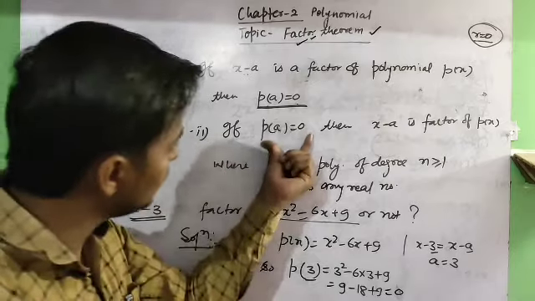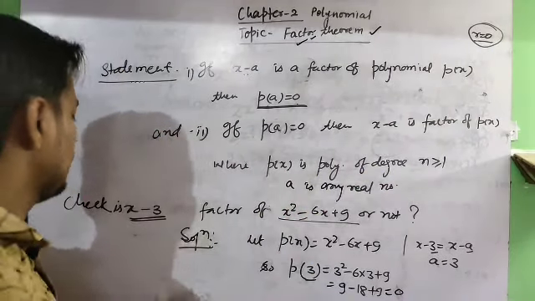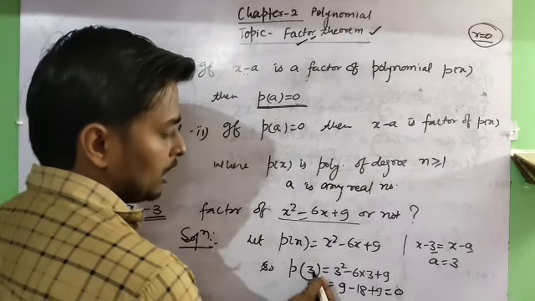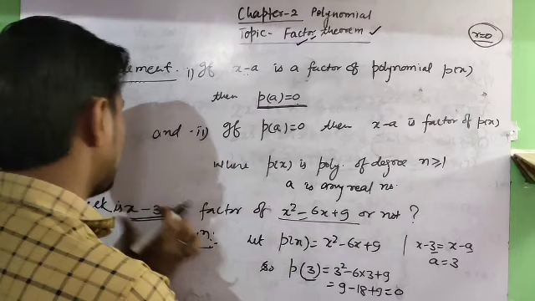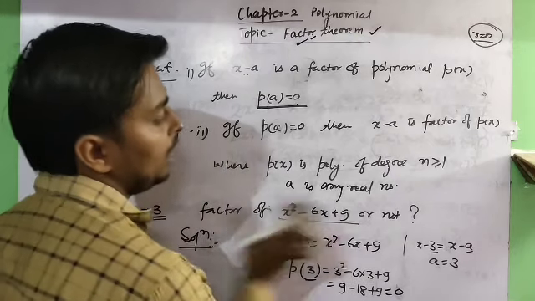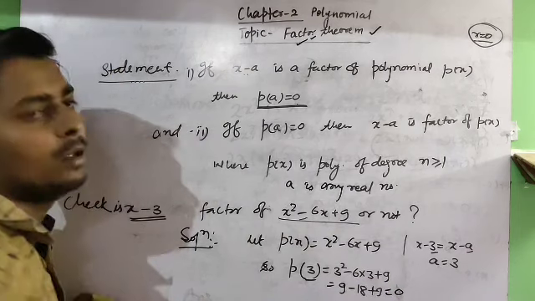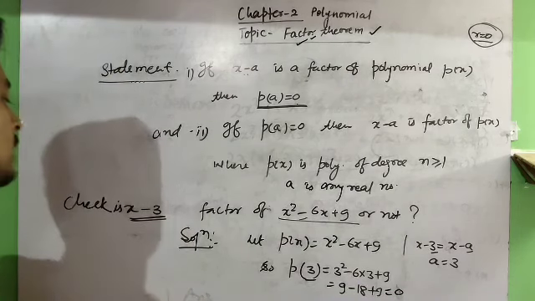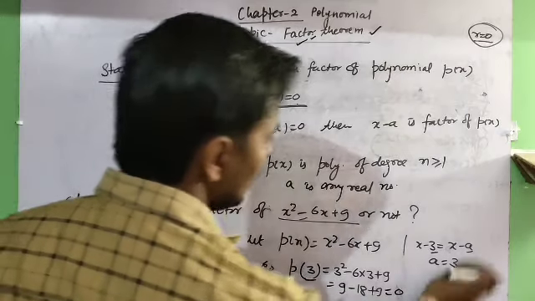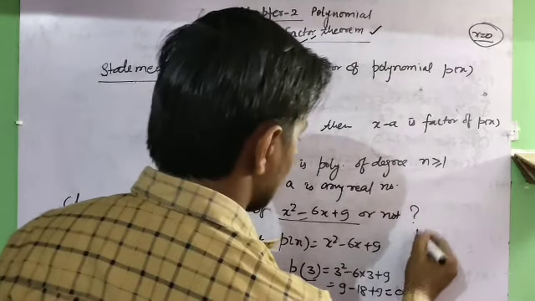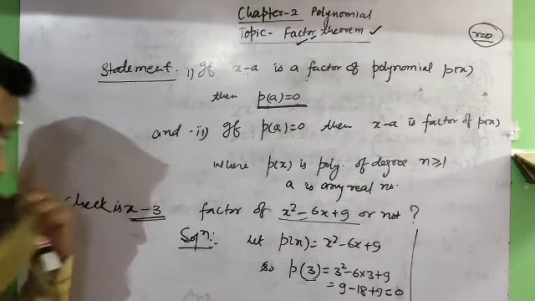Why? Because the remainder is 0, so x minus a is a factor. Because at x equal to 3 the remainder came 0, we can say x minus 3 will be a factor of this polynomial. If this 0 does not come, it will not be a factor. That's all. This is the factorization theorem. You can note it.